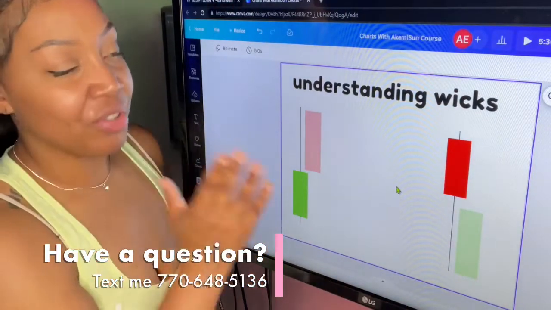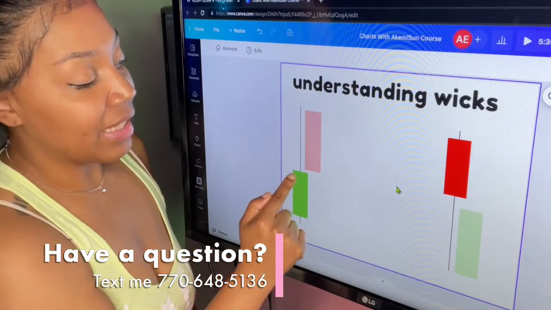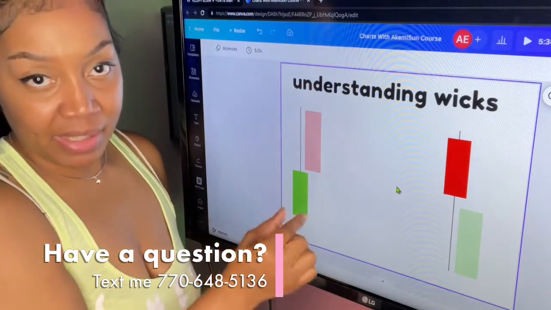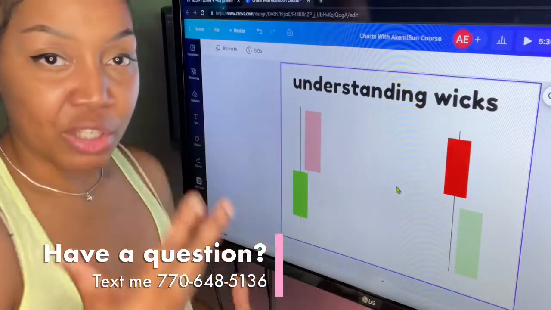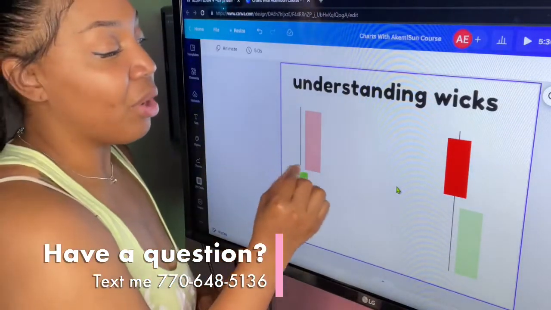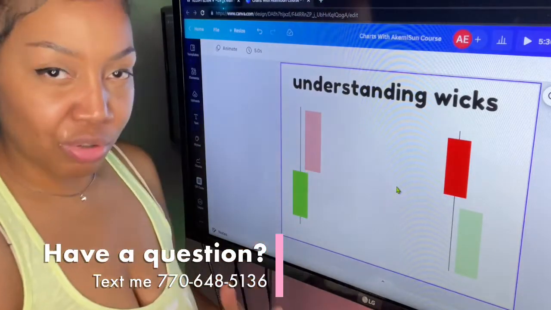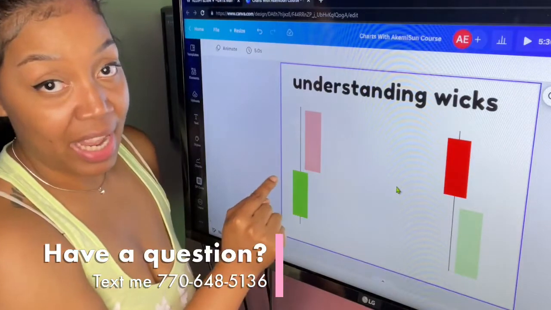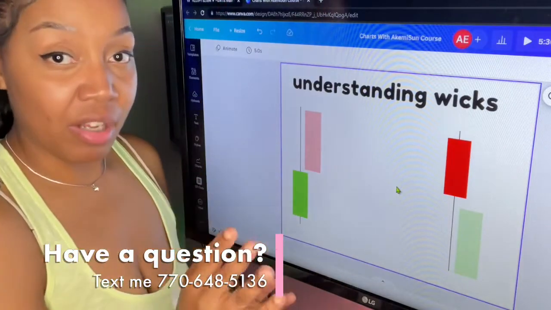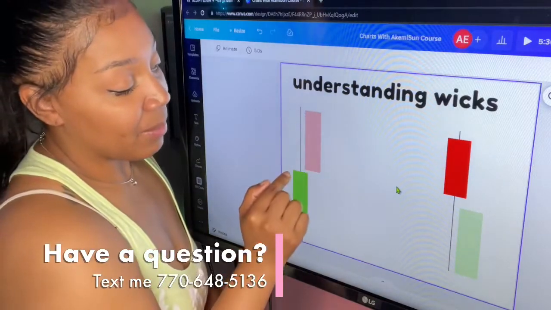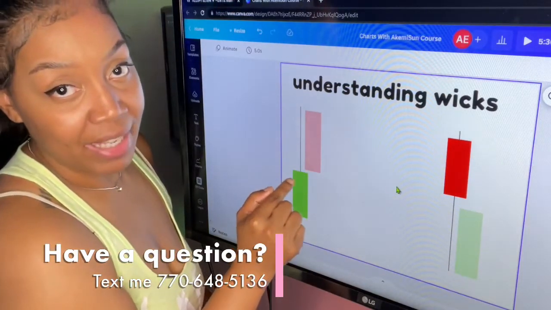You have to picture it in your head, knowing that the candle shot up, but a red candle shot that candlestick down. Sometimes it's a huge red candle, sometimes it's smaller red candles, but it's letting you know that the sellers were so strong that it brought that entire candle down and left a wick. And also that the sellers were so strong that they ended up closing the candle right here at the bottom.